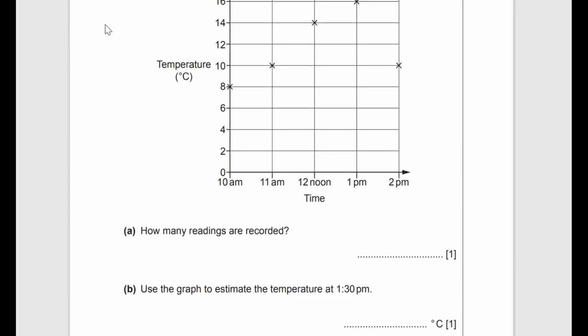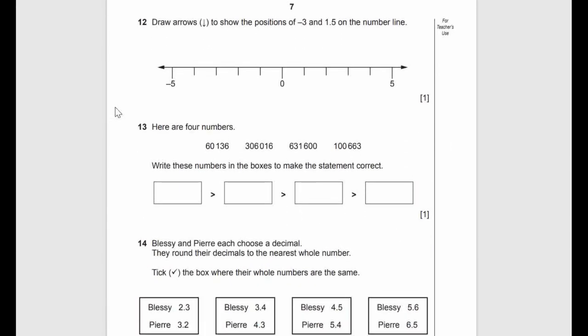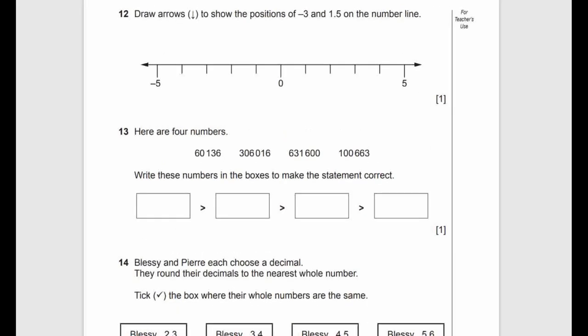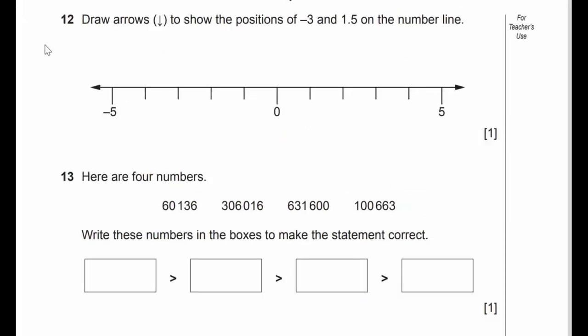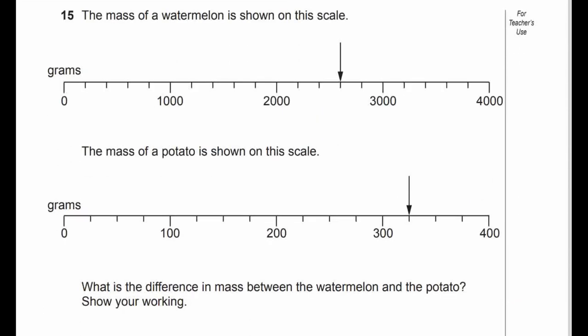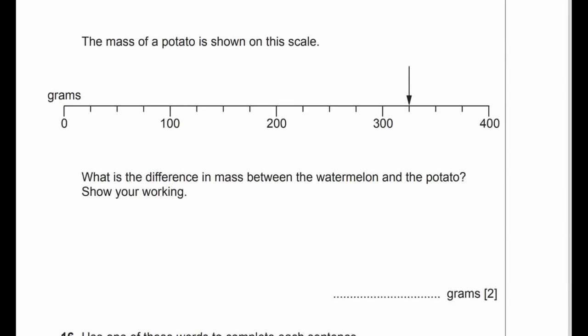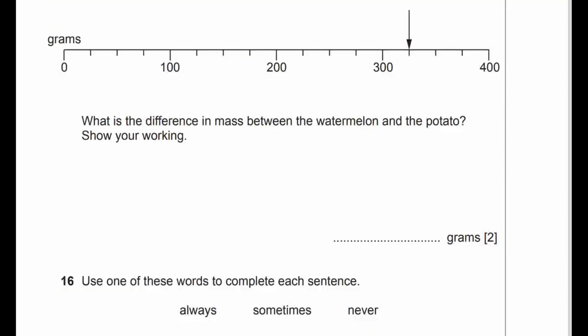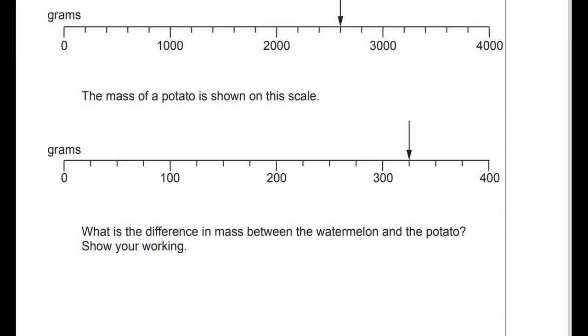We move on to 11B. 11A and B are displayed here. Next, we move on to question 12, question 13, followed by question 14, and this is question 15. This is still part of 15.